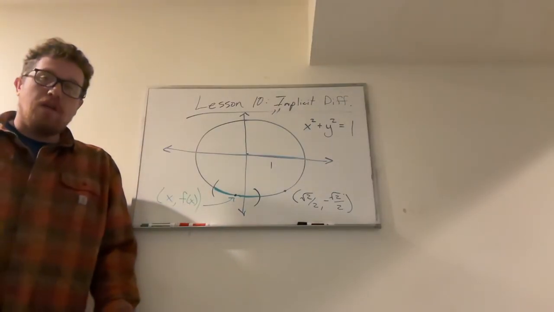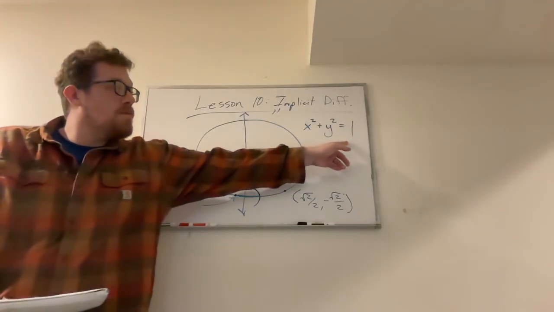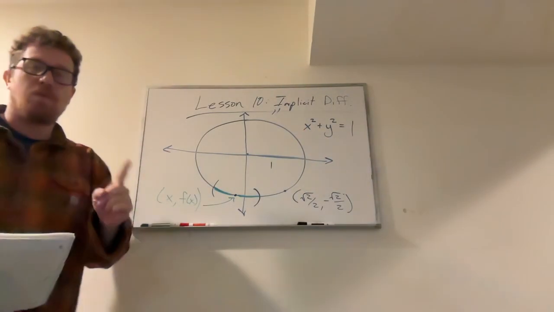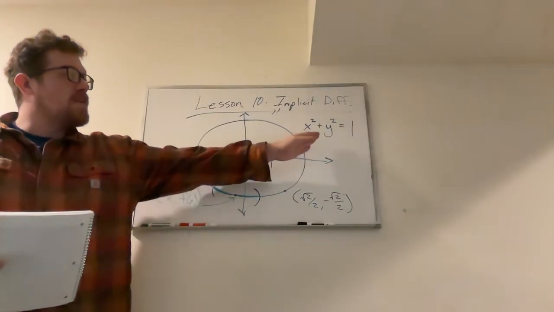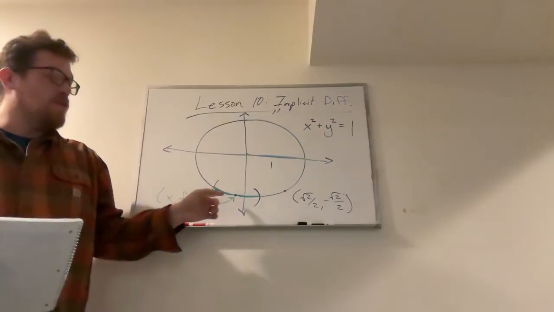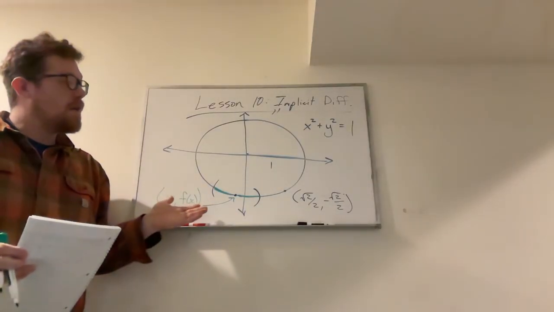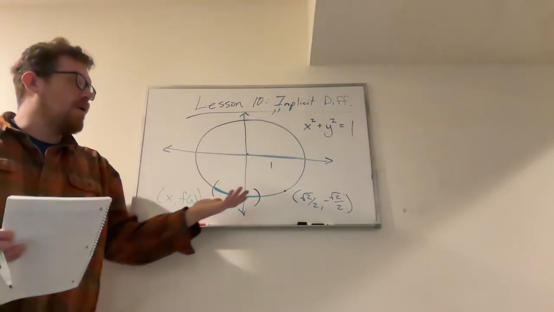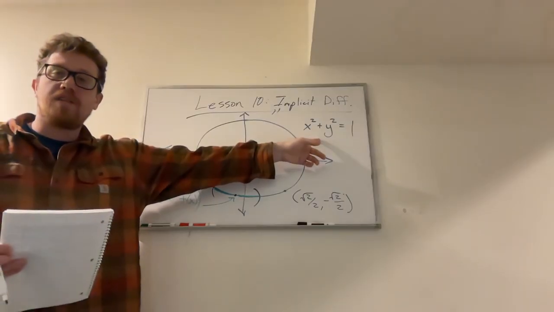Right. So basically, we have some relationship between multiple variables. It'll probably just be 2 in this case because we're dealing with calculus in one variable. But we have some relation that describes some points, and then if you look close enough, there should be some function that describes one variable in terms of the other. And we want to know what is the derivative of that function. So we don't necessarily know what the function is. It's implicit.